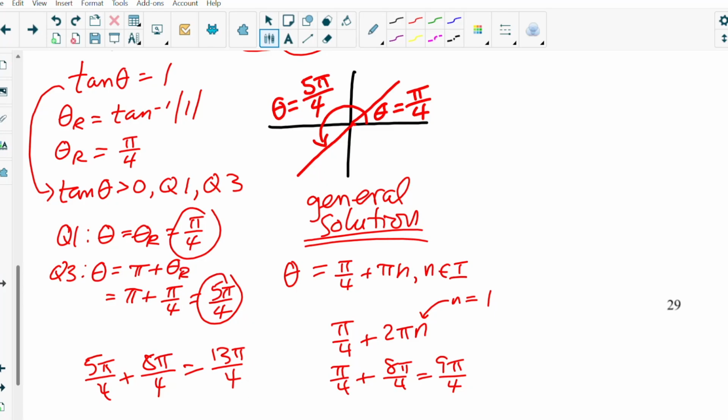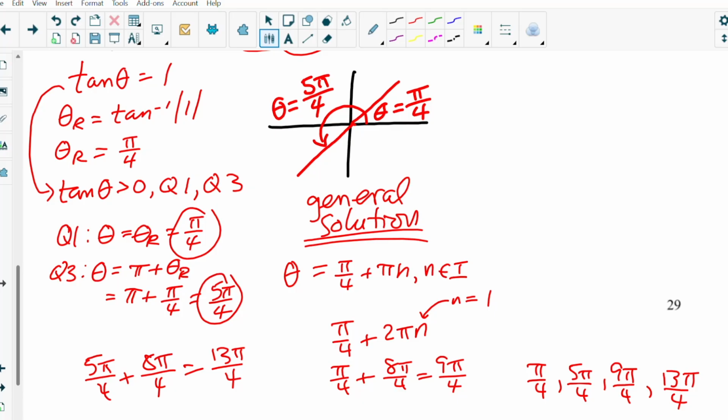Well, that's 13 pi over 4. Now you have pi over 4, 5 pi over 4, 9 pi over 4, and 13 pi over 4, and you can keep going on and on. The problem is that it's super redundant.